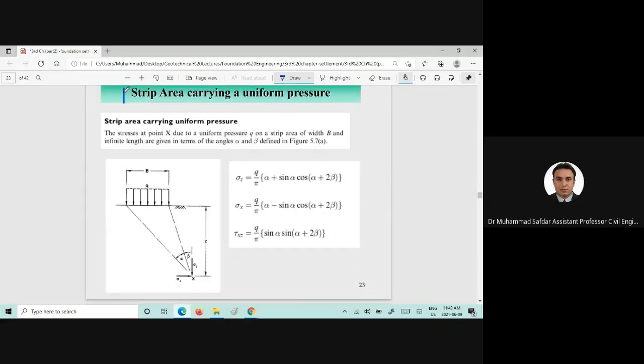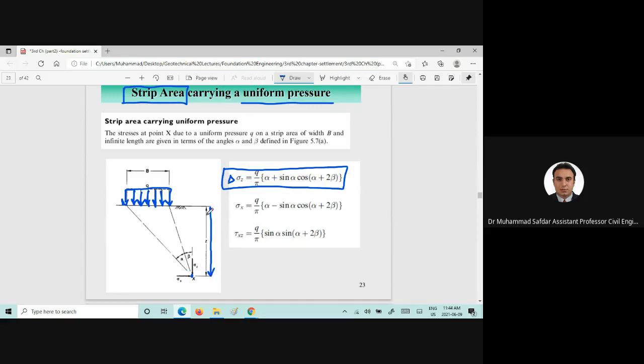Now, if we are given a strip area carrying a uniform pressure, this is the strip area, and you are asked to find out the stress increase at this particular point and at this particular depth, you will start from here, and from the right corner of the strip footing, this angle could be alpha, which is being used in this equation.